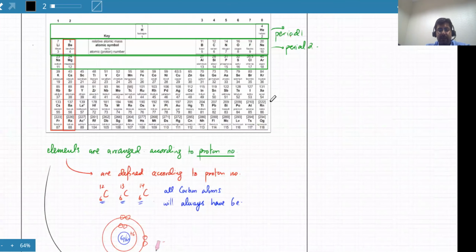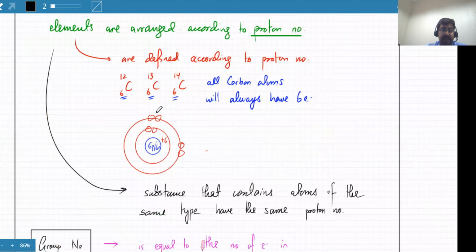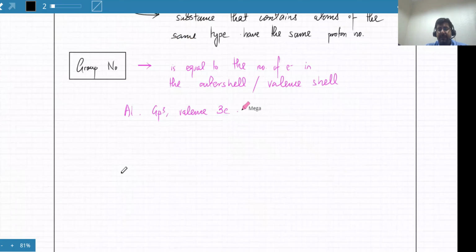And we drew the electronic configuration of carbon, which is over here. It did have 4 electrons in the outer shell. So that is the information that you get from the group number. And what vital information about electronic configuration do you get from the period number?